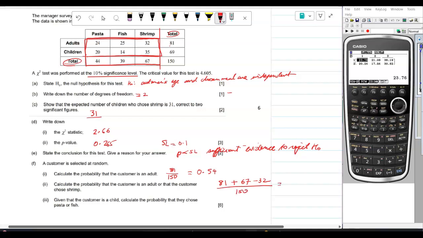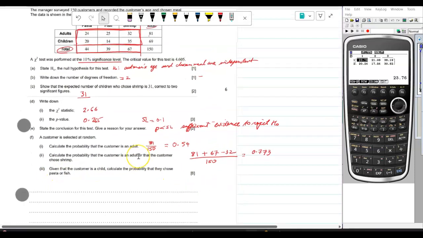Divide by 150. 81 plus 67 minus 32 is 116, divide by 150. So 0.773. 81 plus 67, and remove the double counting.